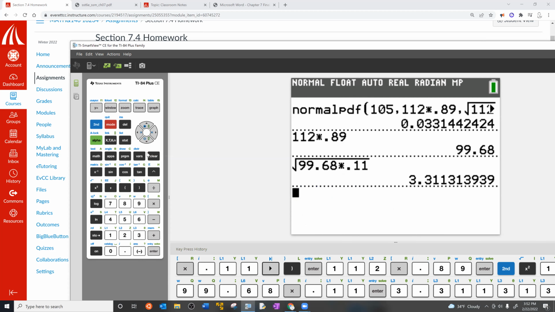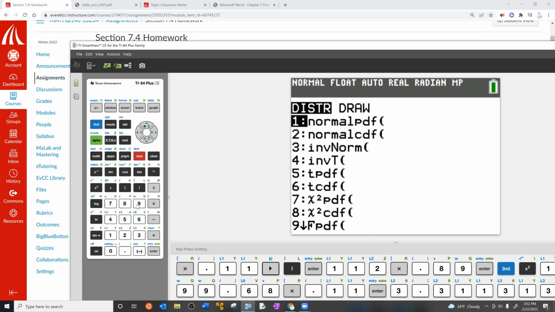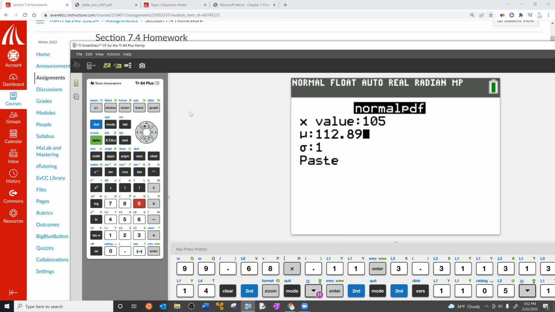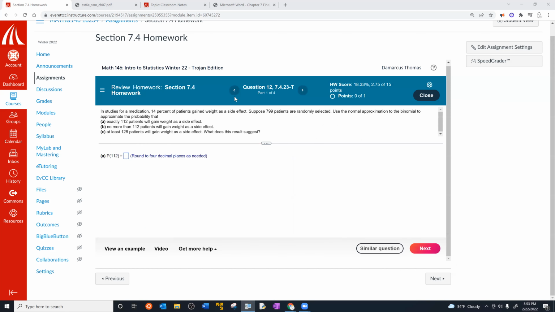In fact, let me go back to the original problem. The X value is 105. The mean was 112 times 0.89. I'm just shocked that we got it wrong. So that's why I'm double checking everything.